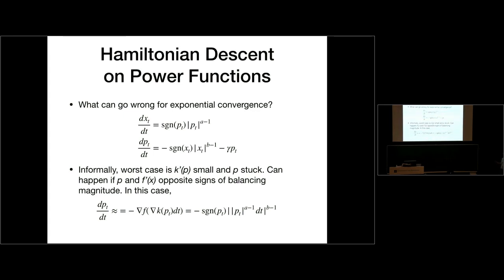At least informally, the worst case that could happen is if this is a small value, so x isn't changing a lot, and p_t times gamma has opposite sign from the gradient of f, but has a balancing magnitude, so that in other words, this joint thing is also small.